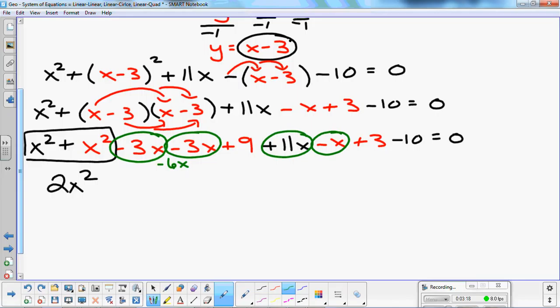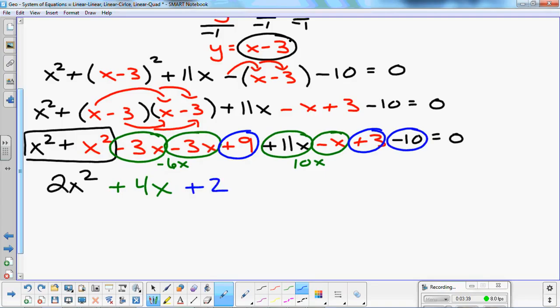So if we combine those together, we would get 10x there. So now my x's, -6x and 10x, will give me a +4x. Combining all my constant numbers, I have 9, 3, and -10. Combining those together will give me a +2 equals 0.